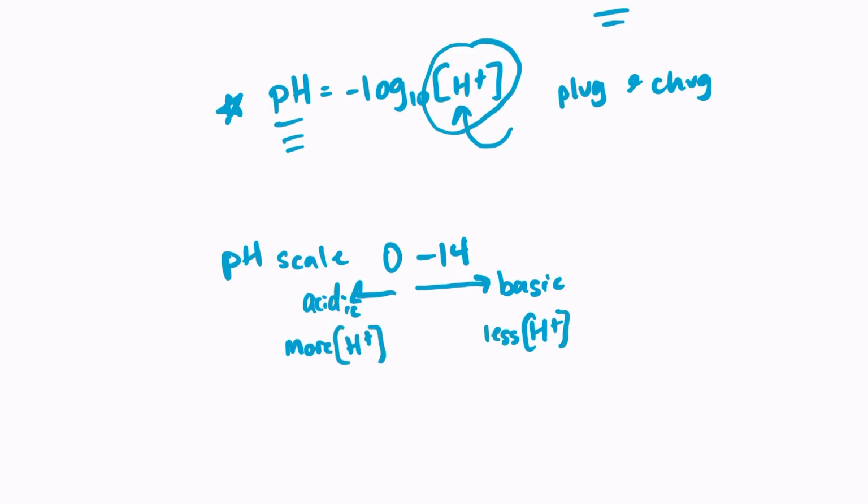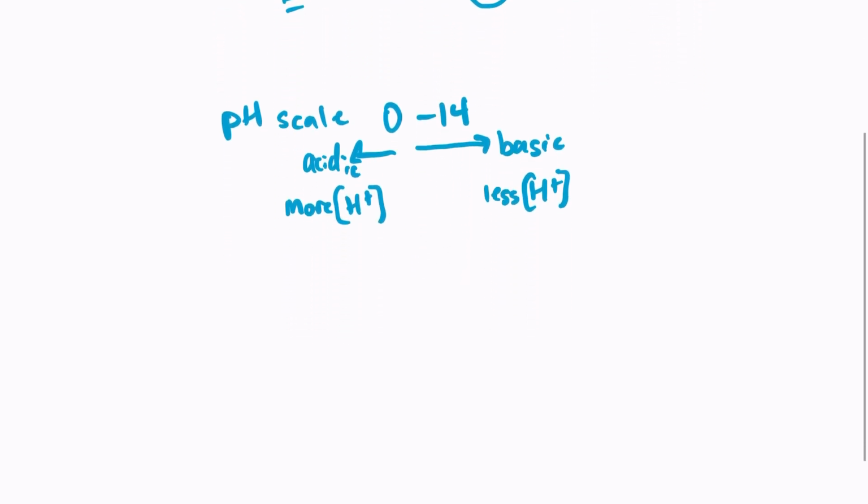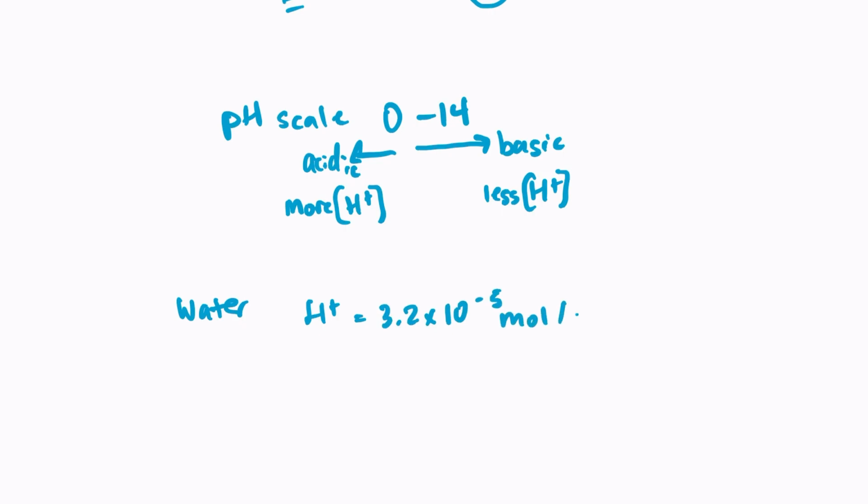Let's try an example. Let's say that we had some water and we know that it has an H plus concentration of 3.2 times 10 to the negative fifth moles per decimeter cubed, or you could say moles per liter. And let's say we want to know what the pH is.